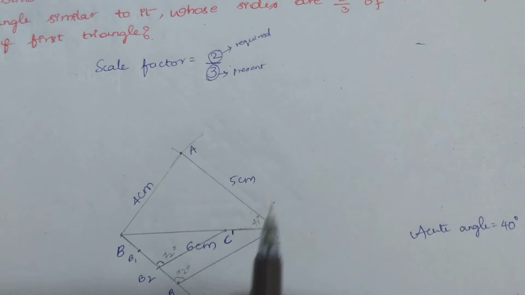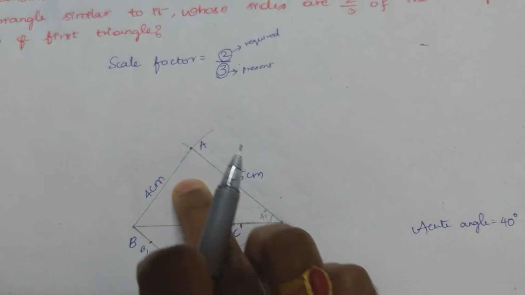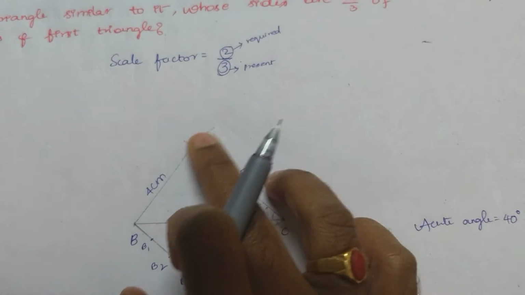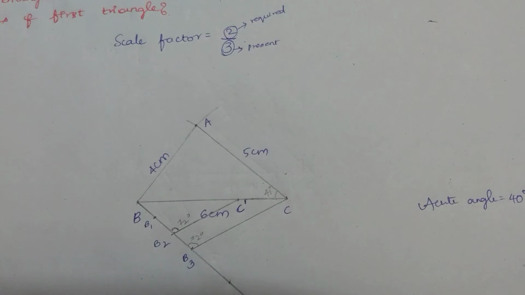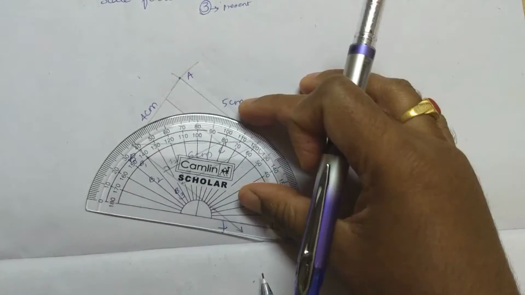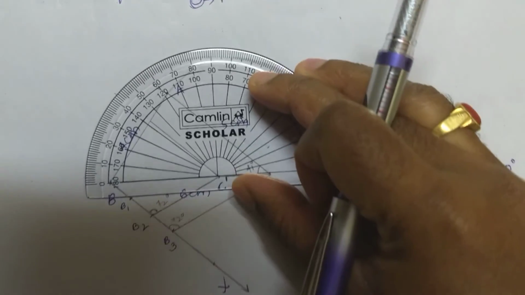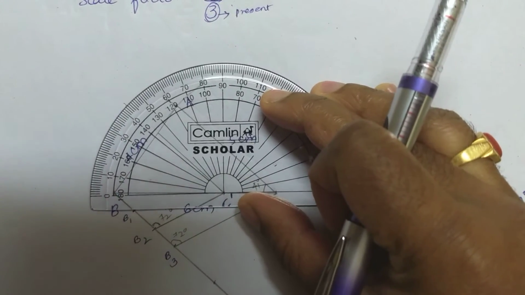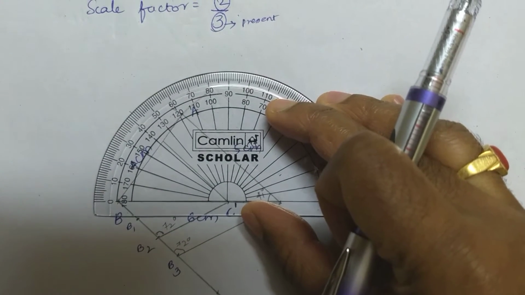After putting the same angle again, draw a line from C dash such that this line meets AB at A dash with the same angle 41. Let's draw that. See here, the angle from C dash, it's 41 degrees only, correct? Yeah.